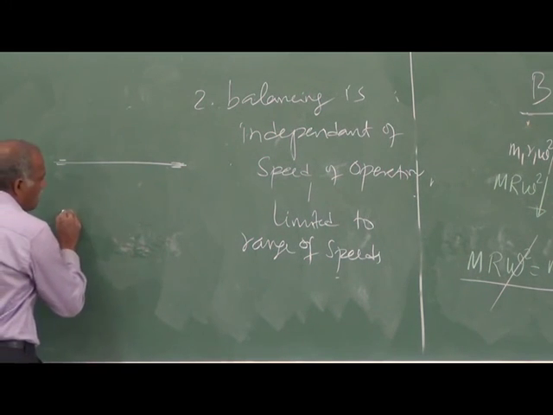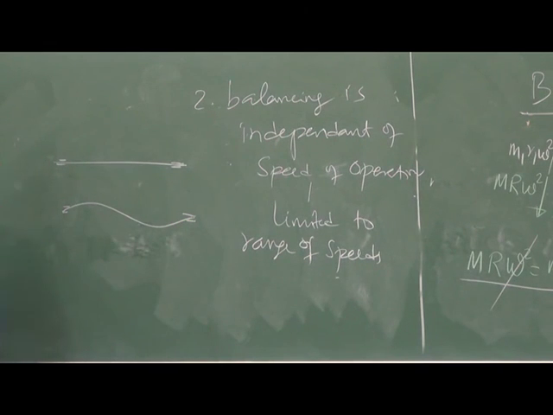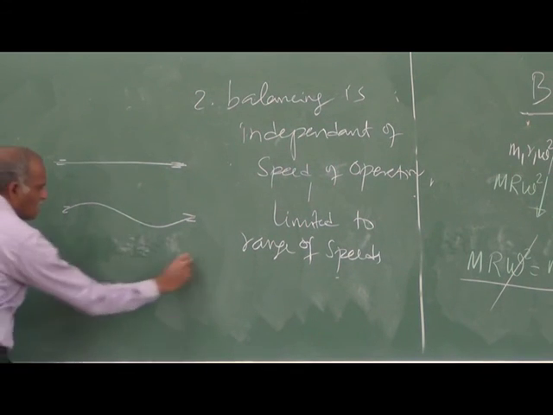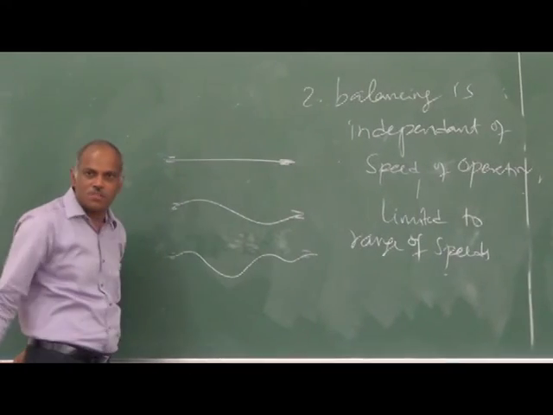Suppose this shaft itself bends like this. Depending on the speed of operation, the shaft can bend and take a form. At different speeds it can even take multi-mode shapes.